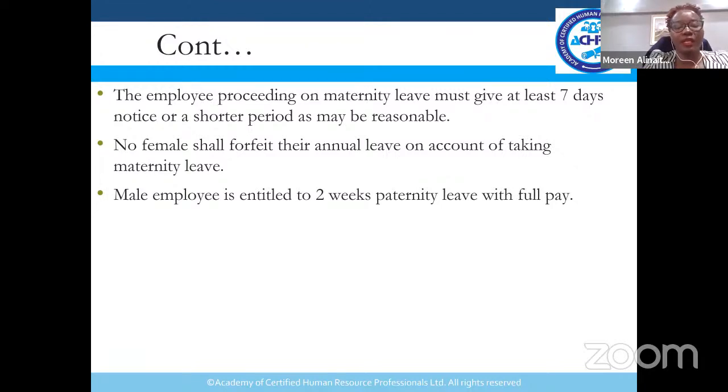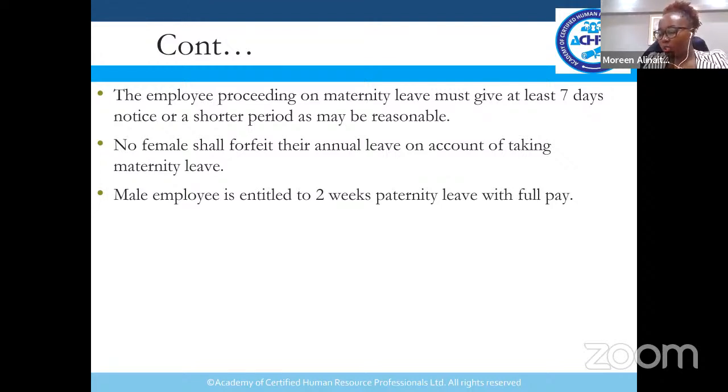If the male employee has had a child, that is, if a woman has given birth, I am desisting from saying wife because some people are not married, but they have children. So if the male comes to you and says, my woman has given birth, they are entitled to 2 weeks paternity leave with full pay.